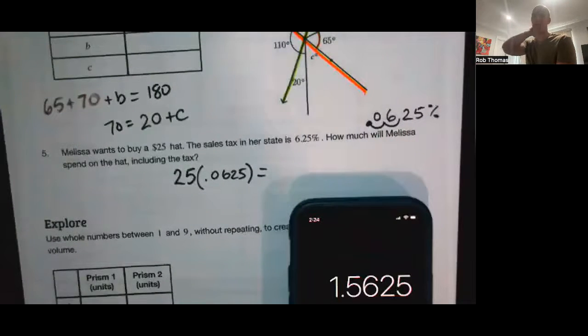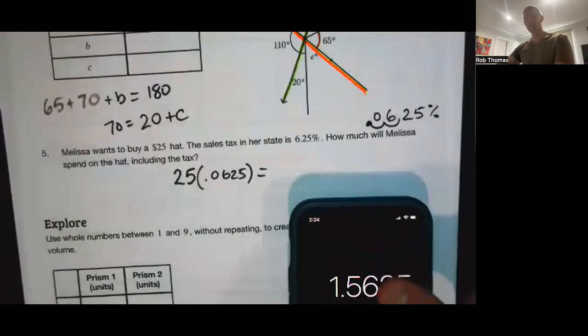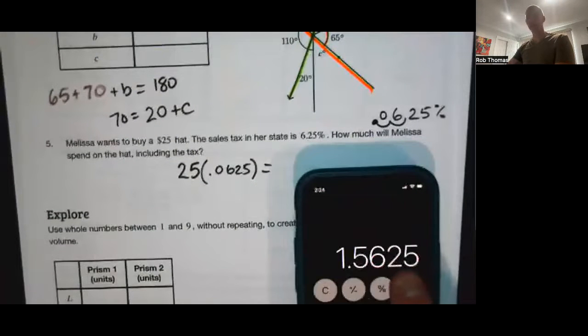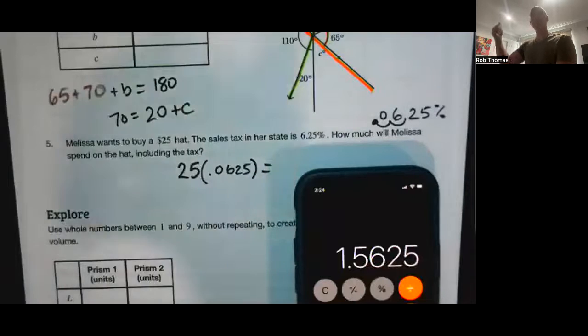1.5625. Now that's kind of weird because we're doing dollars and cents right now, right? So if we cut that last part off, we got $1.56. We should probably leave it as $1.56 because this 2 right here is small. If this 2 were something larger, like let's say a 7, and it said 1.567, then I would think maybe we would need to round $1.56 up to the next number, which would be $1.57.